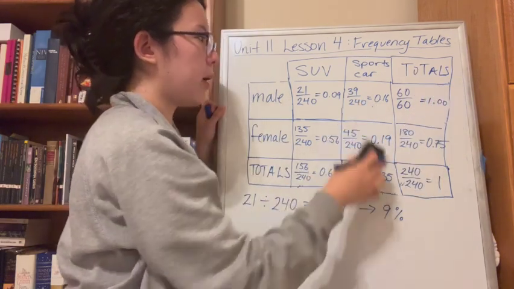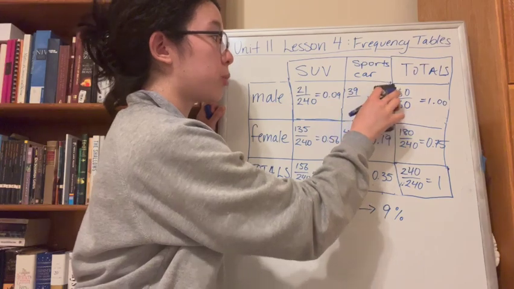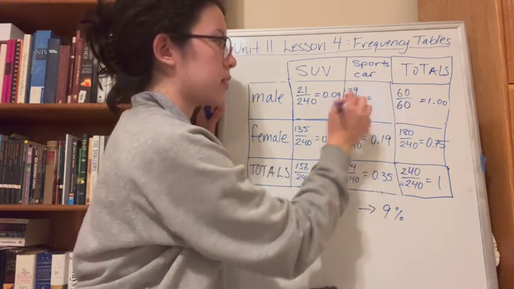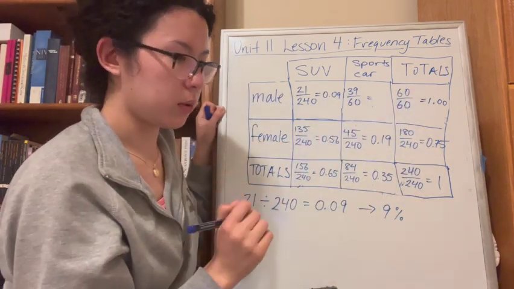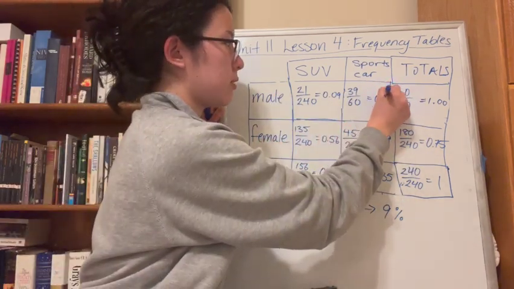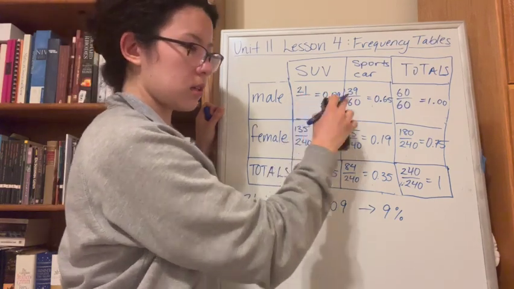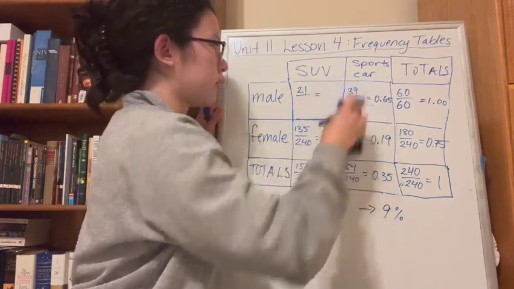And then we'd go row by row, and instead of dividing by the total number overall, we would divide by the total number of males, because that's who's responding in this row. So here we get 0.65, and here we would get 0.35.